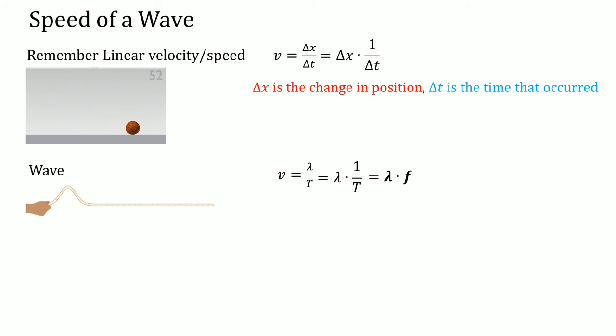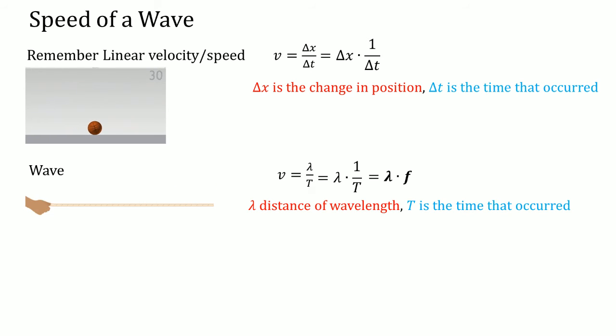But we know that 1 over T is other shorthand for the frequency. So you can see that as just lambda times frequency. This should make sense because lambda is the wavelength. It is red because it is similar to the position. And the blue is the time that occurred, which is on the bottom.